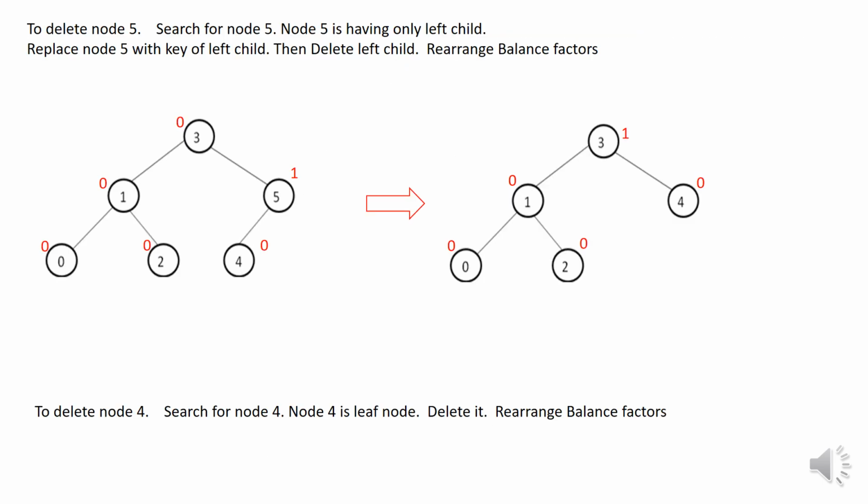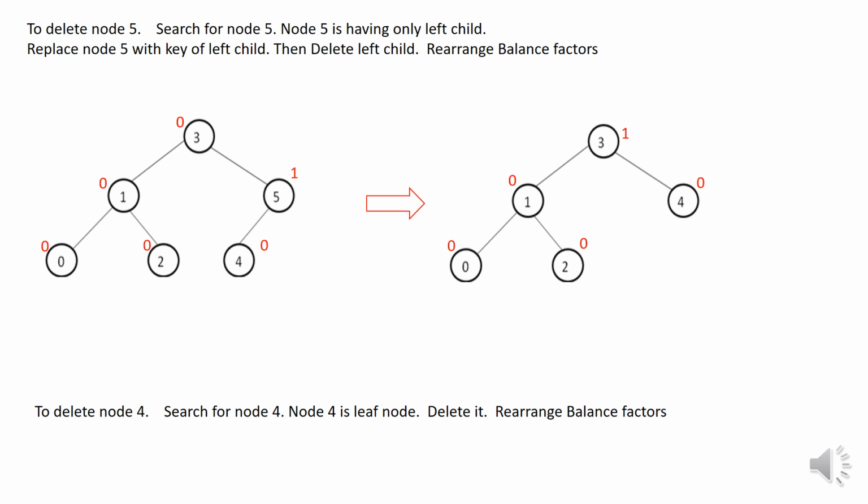Now, from the binary search tree, delete node 5. Node 5 has only a left subtree, not a right subtree. It has only one left child. The value of the left child is copied into node 5 and the left child is deleted.